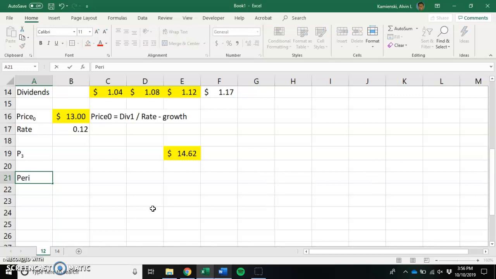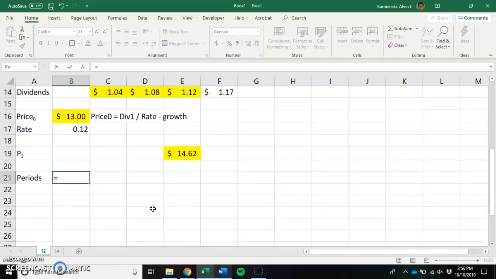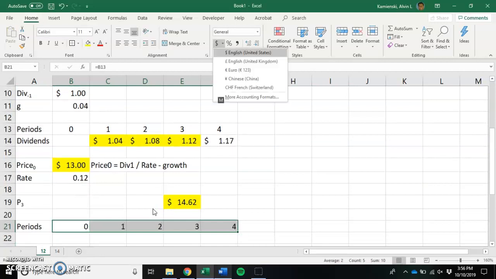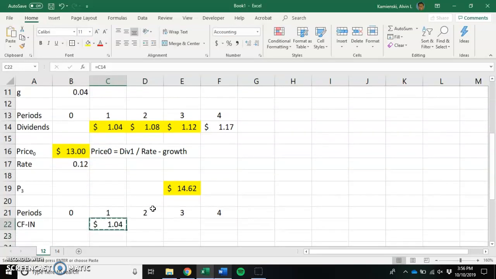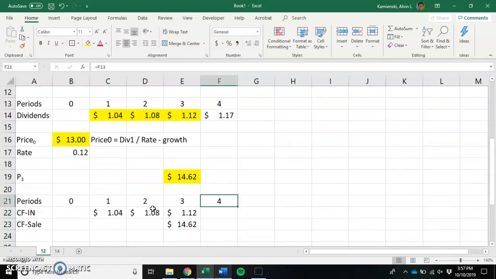So now we're starting to put together what's really a present valuation model, where we are looking at the same periods that I have up above, periods 1, 2, 3, and 4, and it's asking us what cash flows you would get in. The first cash flows you would get would be those dividends. Then the next cash flow you would get in would be on the sale of the stock at the end of the third year.